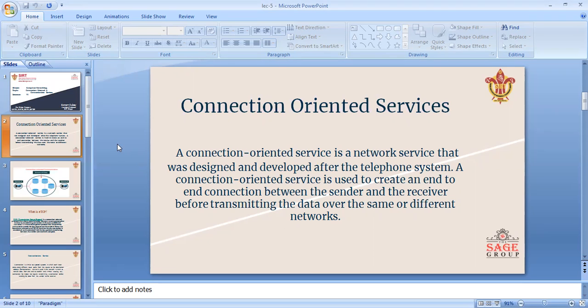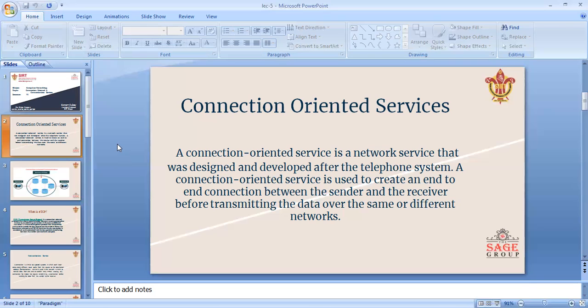Connection-oriented services are basically provided by TCP/IP, which stands for Transmission Control Protocol and Internet Protocol. They mainly require the establishment and the termination of the processes. For example, a sender wants to send data to the network.